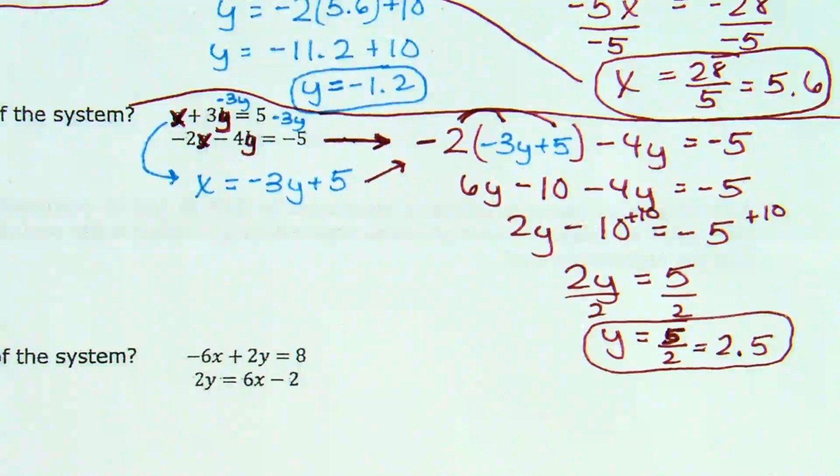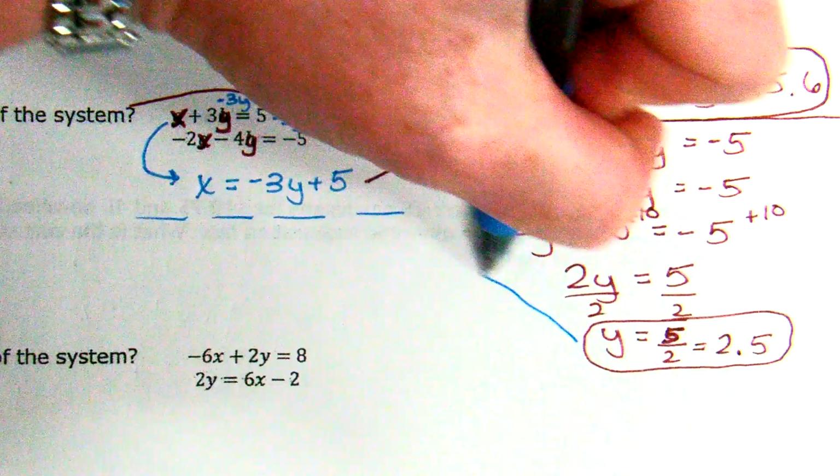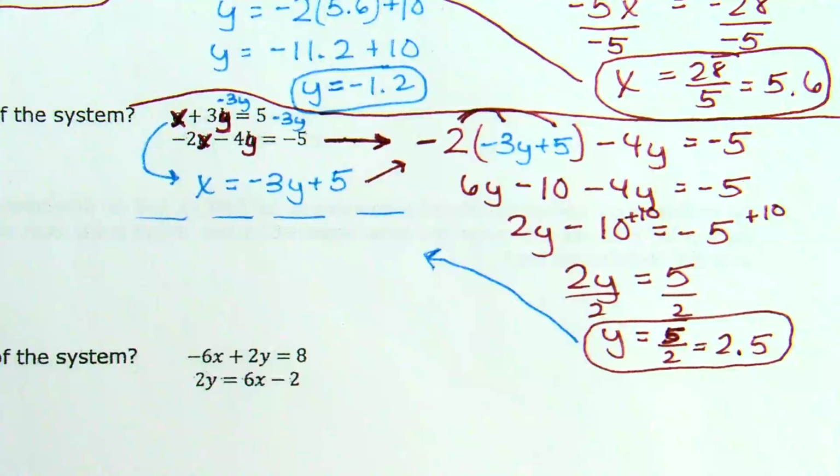Next problem. Okay, you have to find the other half of your answer, right? Don't stop there. Find the other half of your answer. Again, I would go back and use the equation that was x equals in this case.